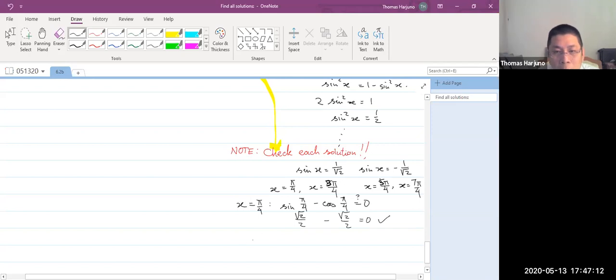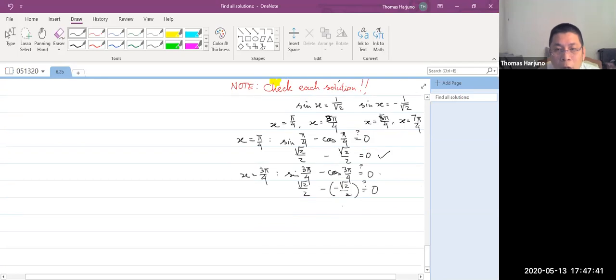When x equals 3 pi over 4, is sine 3 pi over 4 minus cosine 3 pi over 4 equal to 0? I get radical 2 over 2, but cosine in quadrant 2 is negative, so I get radical 2, which is not equal to 0. So x equals 3 pi over 4 is not a solution.